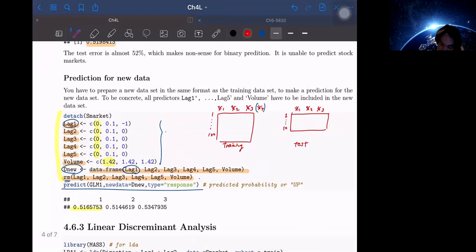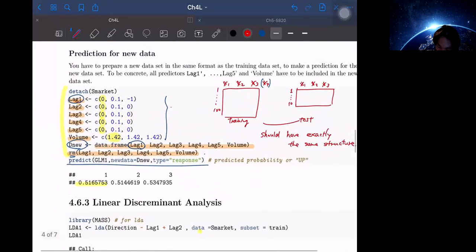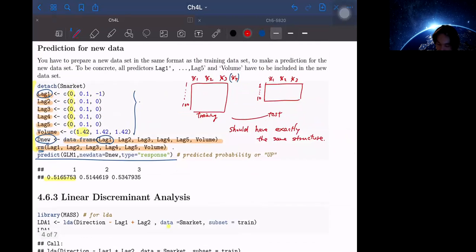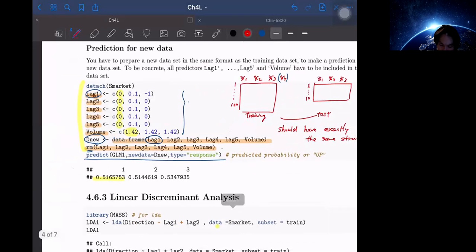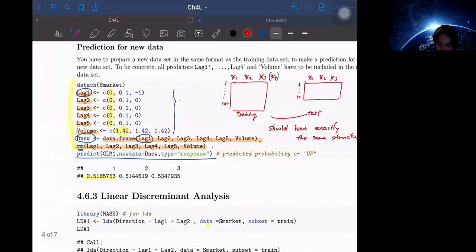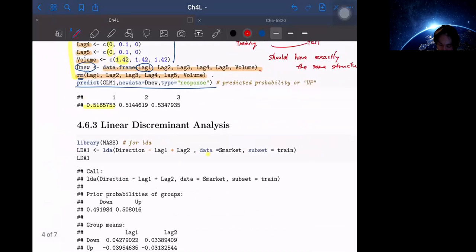Training and test should have exactly the same structure. This is an important fact if you do some projects. The only exception is if some columns are not used, then you can ignore them. Originally, the Smarket data include the year column, but here we don't have the year column because year wasn't used for the prediction, so we don't need it.